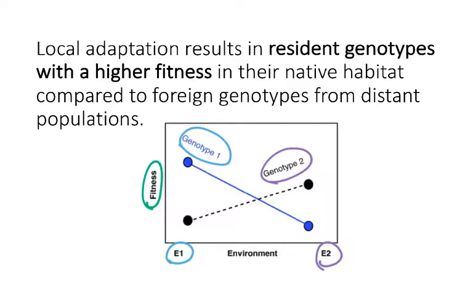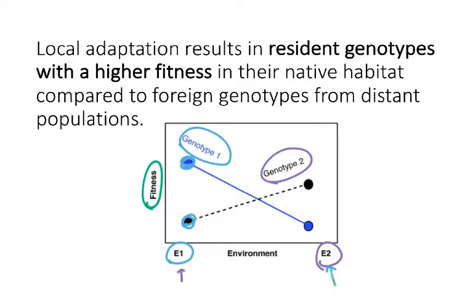If we first look on the left-hand side at environment 1, what we see is that the resident genotype, genotype 1, has a higher fitness here compared to the foreign genotype, genotype 2. So in environment 1, genotype 1 does better than genotype 2.